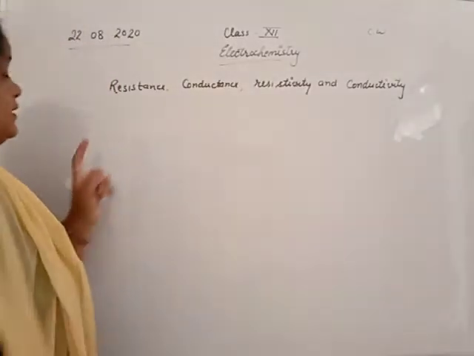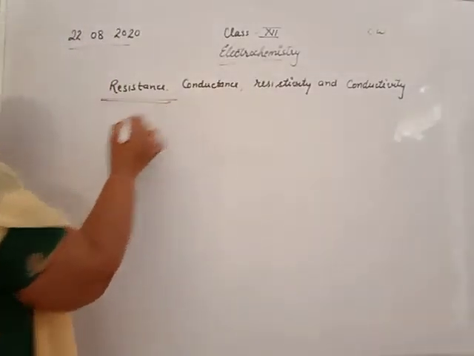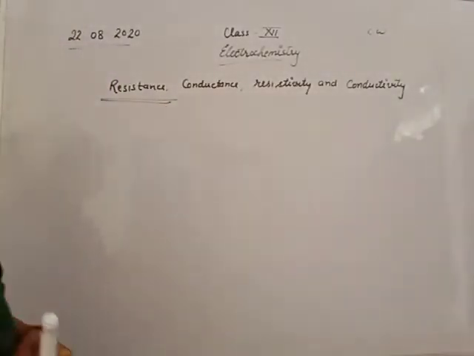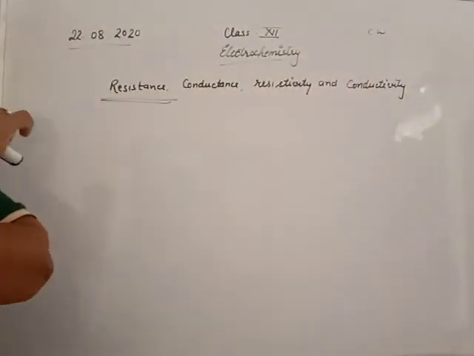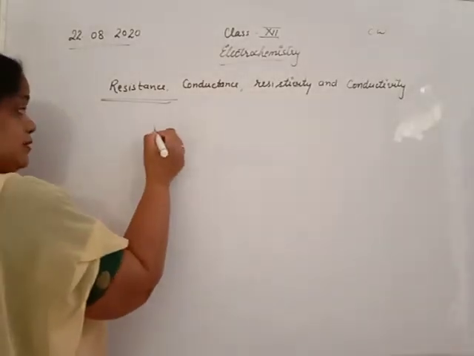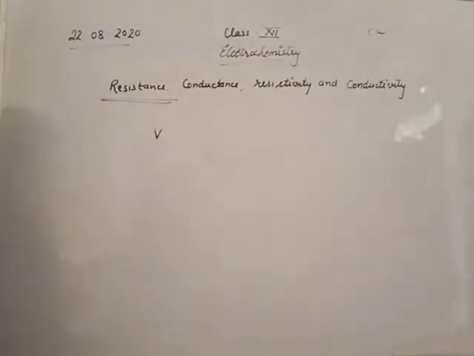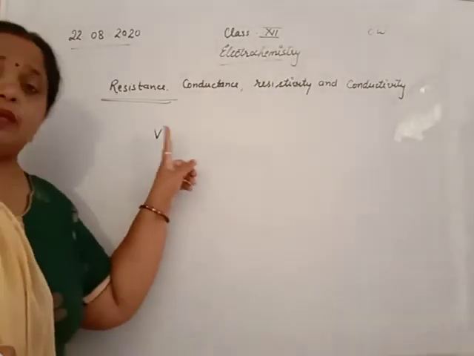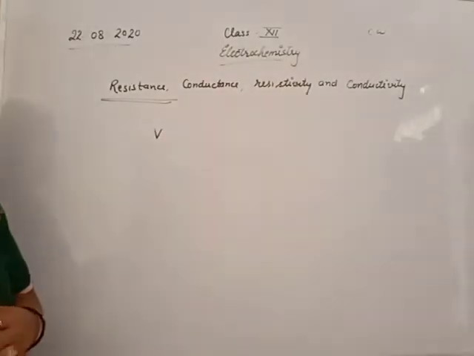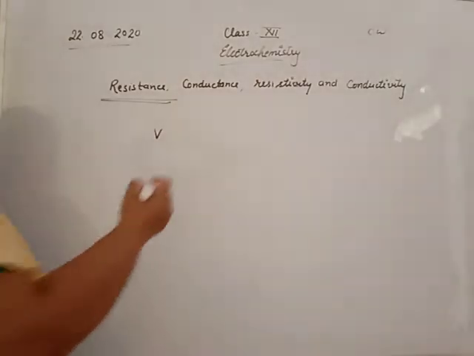The resistance of any conductor is measured according to Ohm's law. That is, the potential difference across the two ends of a conductor is directly proportional to the current passed through it.